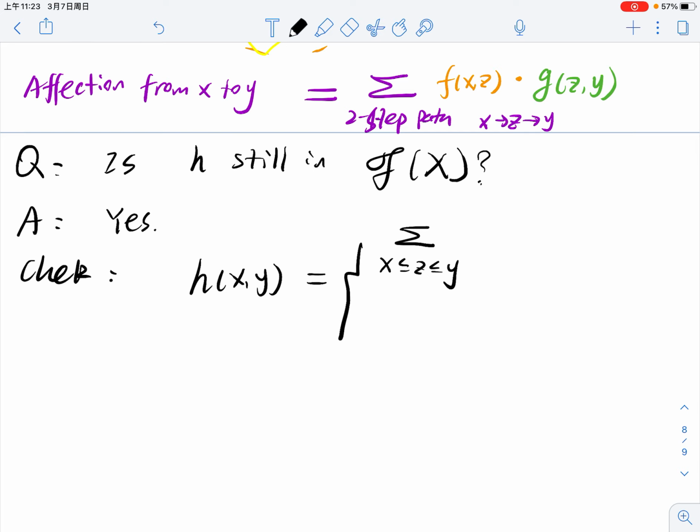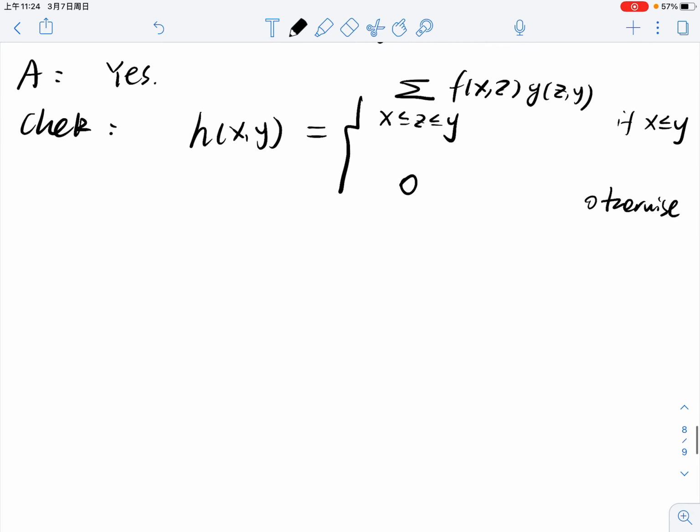When x is less than or equal to y, then the summation can be simplified to the sum over all the triples x ≤ z ≤ y of f(x,z) g(z,y), because otherwise one of the two factors f and g must be 0. Otherwise you can confirm it's 0, and by definition h is in the space F.